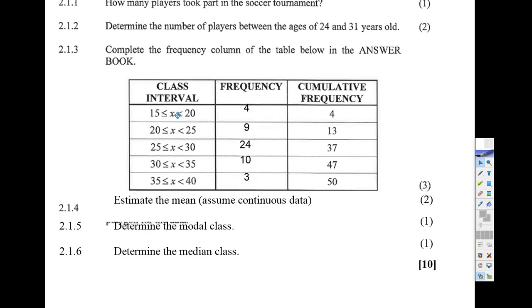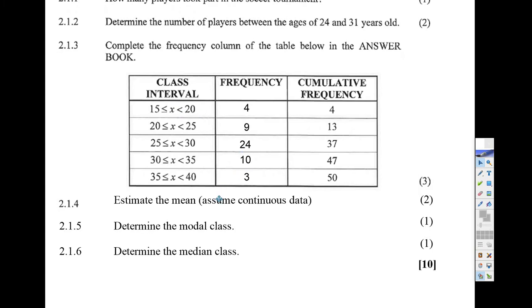So what you do to estimate the mean, you take the midpoints right here. You go to your calculator with that mode stat, and then you put in, with a frequency table, the numbers for the frequency, and you go to the midpoints, 17.5, 22.5, 27.5.